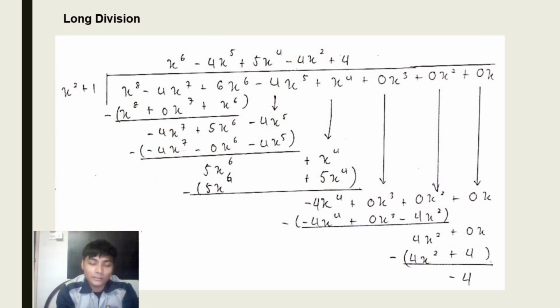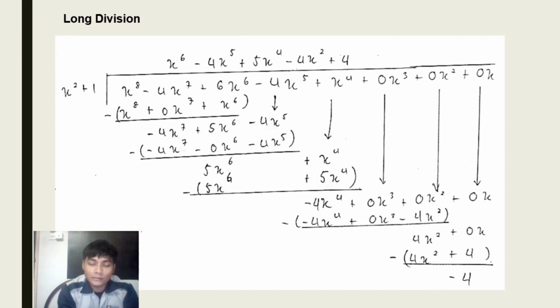So we do the long division like this, and the final answer for the long division is x power of 6 minus 4x power of 5 plus 5x power of 4 minus 4x squared plus 4, and we also get a remainder. The remainder is negative 4.